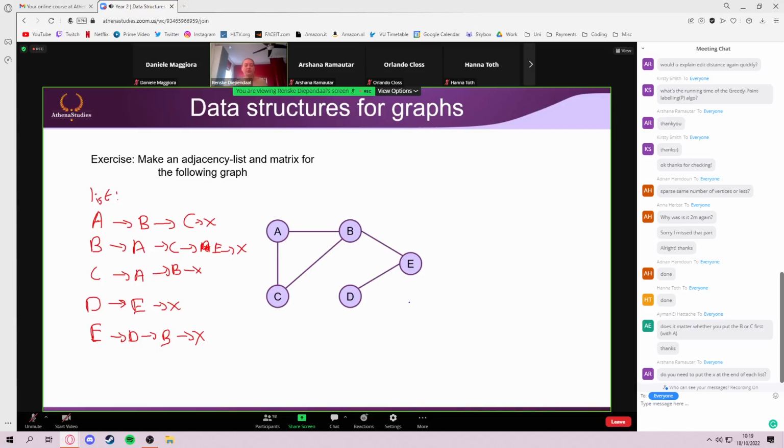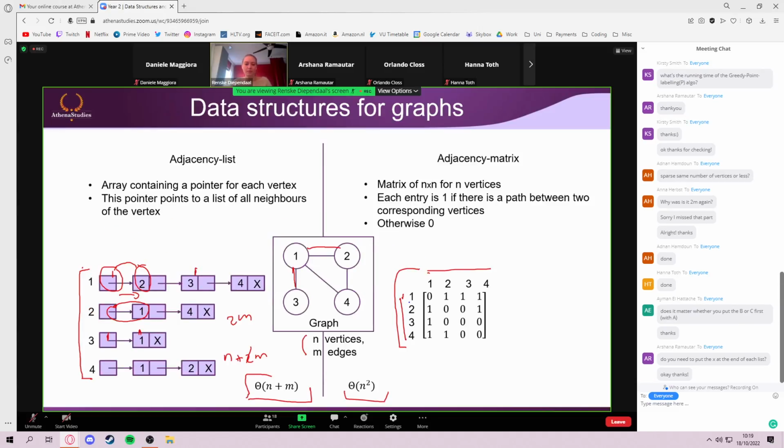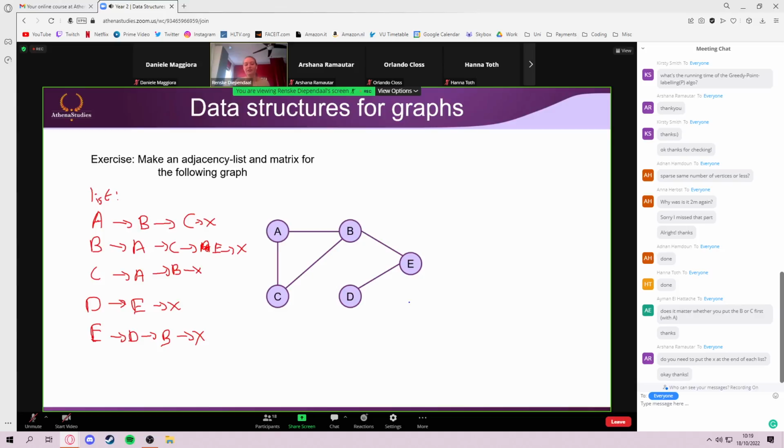Yeah, the X is to indicate to the program that if it were to read the list, it's the end of the list and it doesn't need to search any further. But I guess it depends on how you implement this in your program. But yeah, it means there's no pointer to the next one.